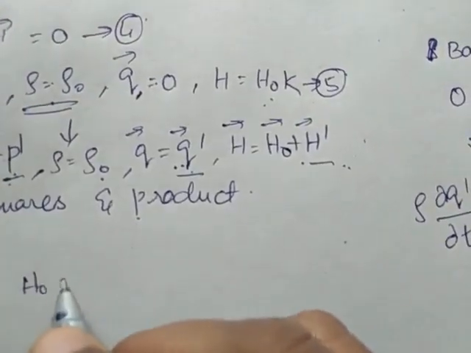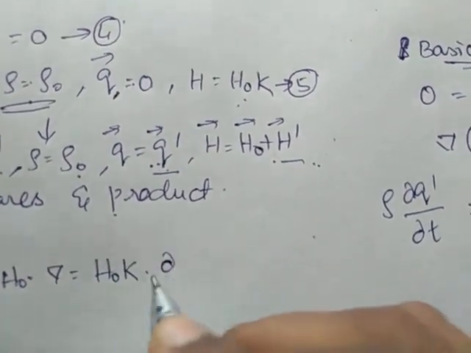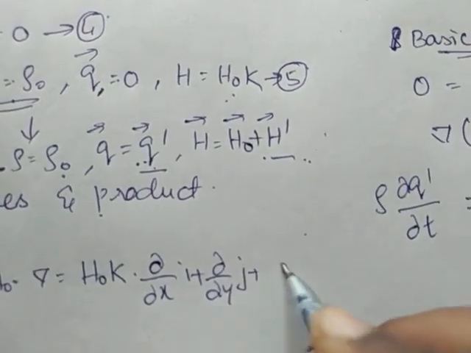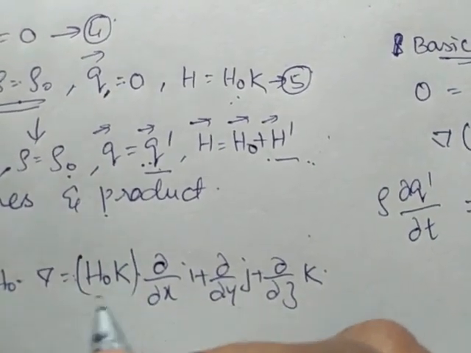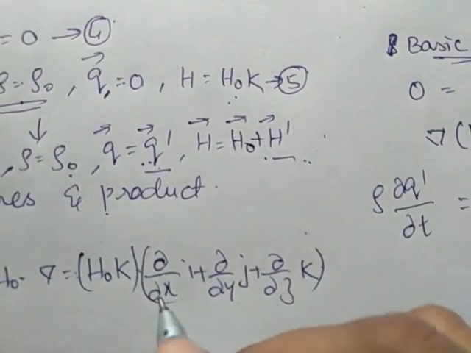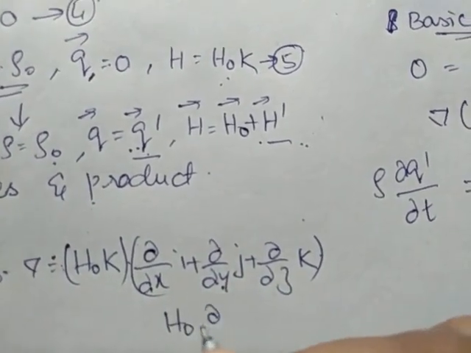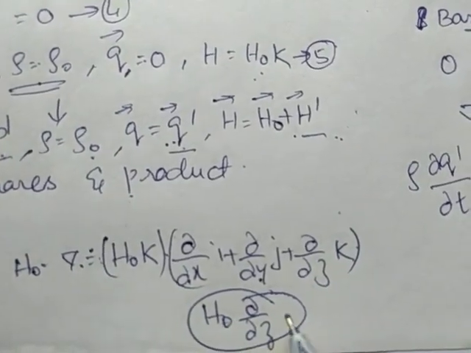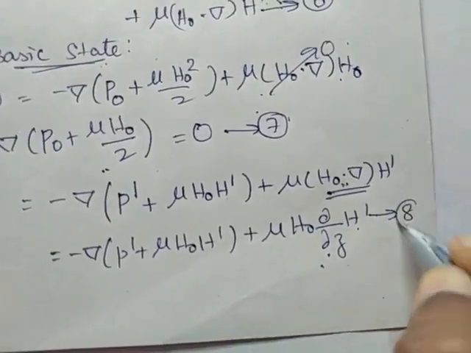H naught dot del means H naught is H naught k, del is dou by dou x i plus dou by dou y j plus dou by dou z k. The i component is 0 here, therefore 0 into dou by dou x, 0 into dou by dou y, and we have H naught into dou by dou z. Therefore H naught dot del is H naught into dou by dou z. That's what I have written here. So I'll take this as equation 8.